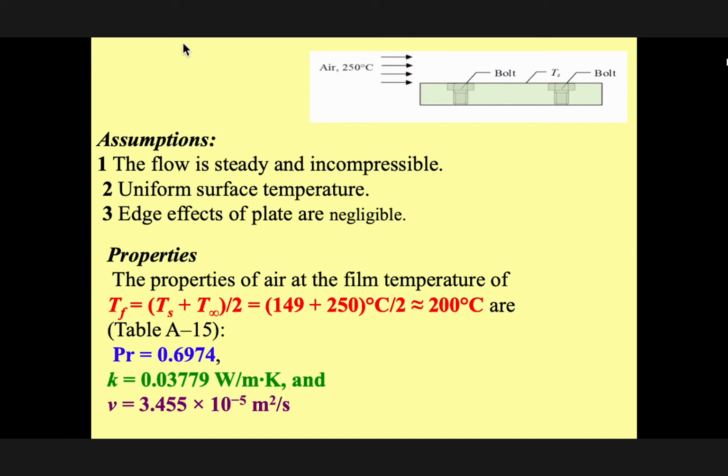Therefore, first we calculate the Reynolds number. In order to do that, as you know, we have two equations, one for laminar, one for turbulent.